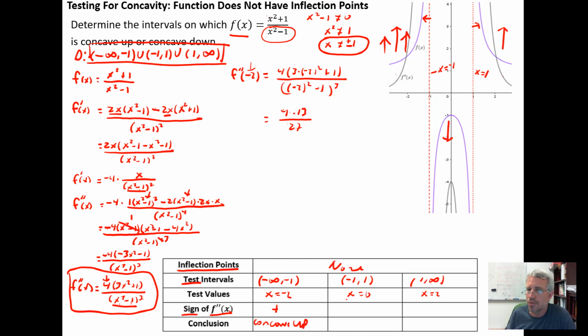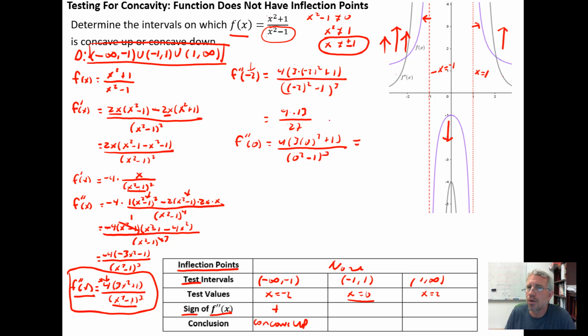And now we have x equals 0 as our next test value. So f double prime evaluated at 0 is going to equal 4 times 3 times 0 squared plus 1 all over 0 squared minus 1 all cubed, just plugging 0 into our second derivative.